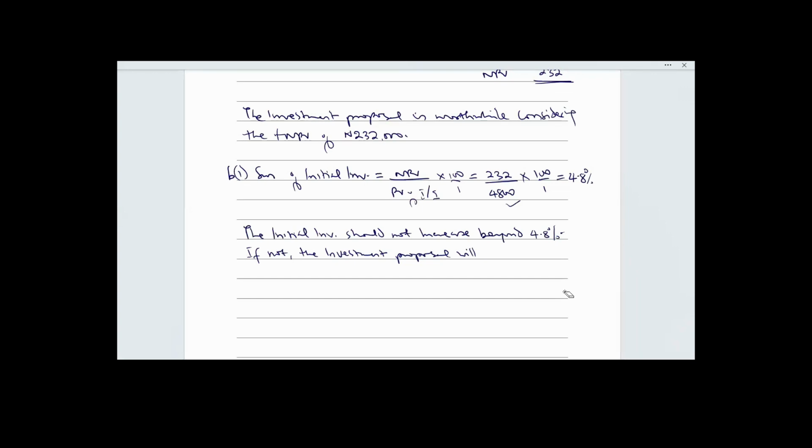You know, our initial decision is that the investment proposal is worthwhile and should be considered. So in this case, if the initial investment increased beyond 4.8%, then it means that the investment proposal will not be viable. So let's go to another variable.